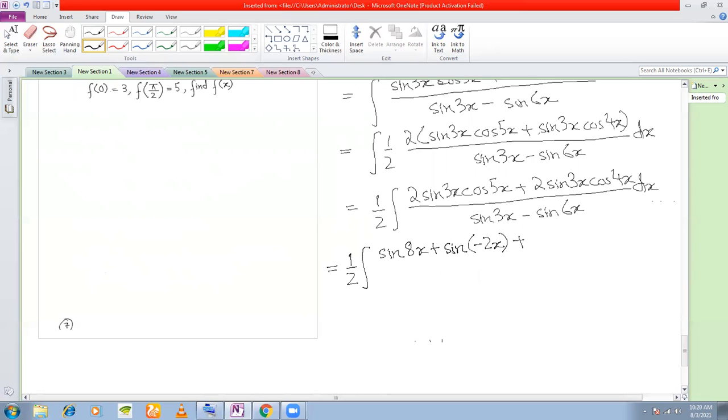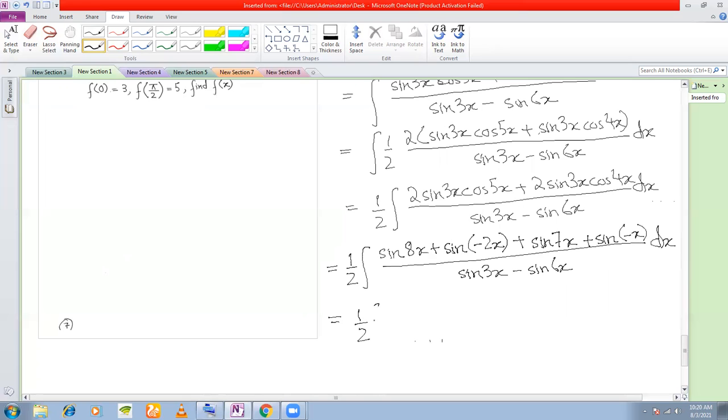Plus again you have 2 sine 3x cos 4x, sine A plus B plus sine A minus B. So sine 3x plus 4x will give you 7x and plus sine 3x minus 4x will give you minus x, divided by sine 3x minus sine 6x dx.